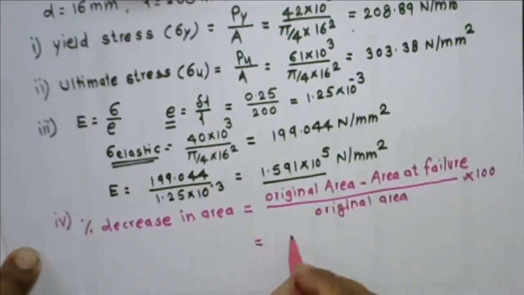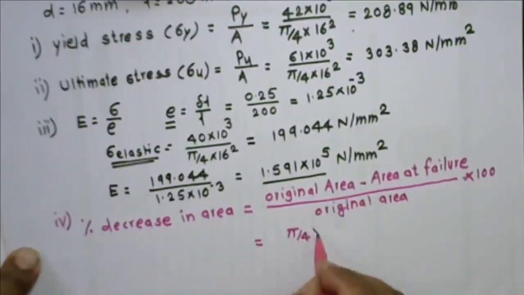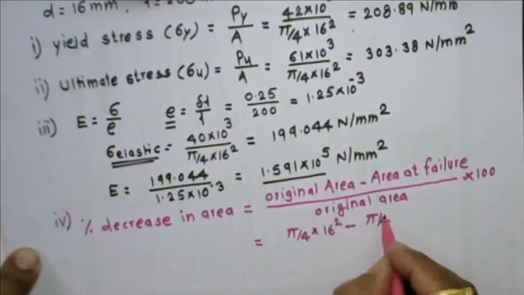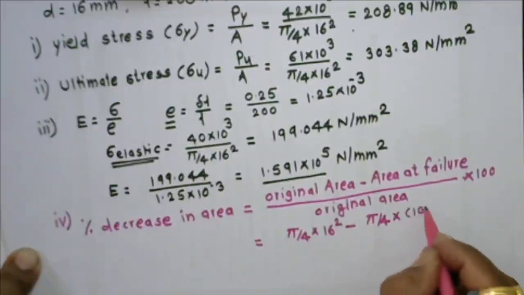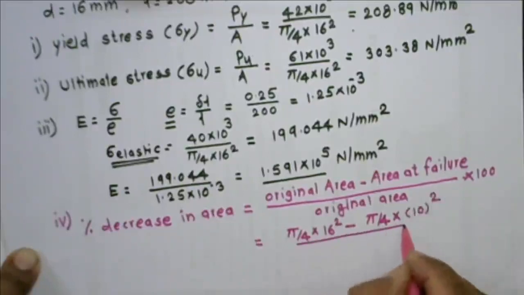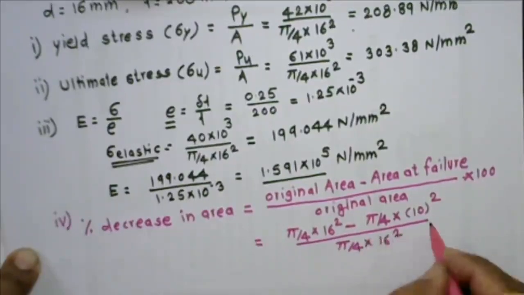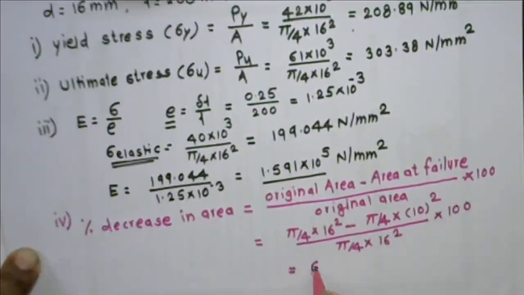So put in the values: pi by 4 into 16 bracket square minus the area at failure, it is given pi by 4 into 10 bracket square, divided by again the original area, pi by 4 into 16 square, into 100. So the answer is 60.93%.